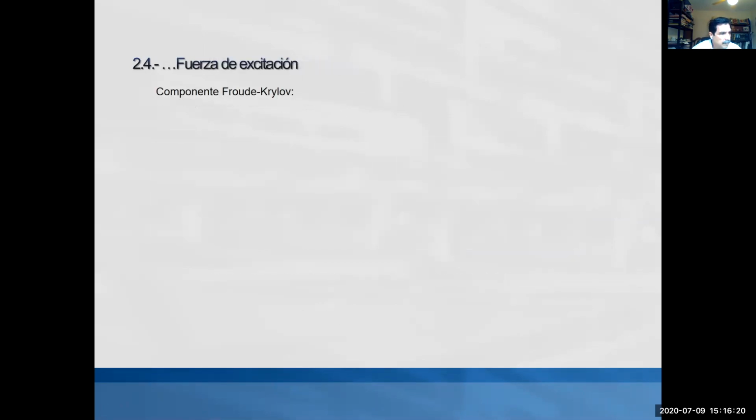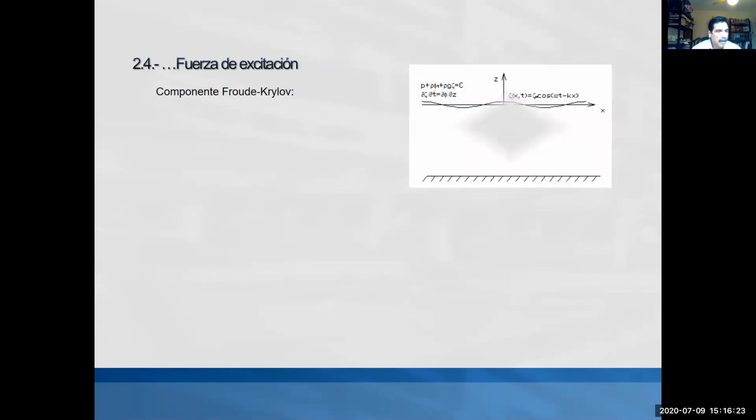So for the Froude-Krylov, we said, okay, we have this problem from the gravitational waves. So we have some waves moving, and this is two-directional waves, and this is the Laplace's equation. That means that the fluid is being considered as ideal with constant density.